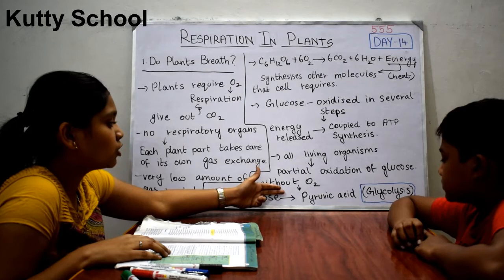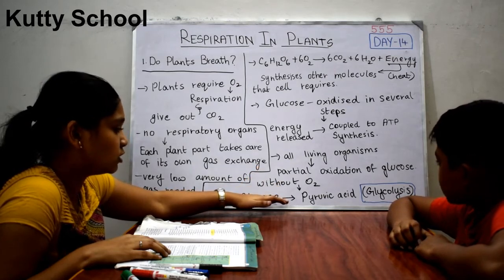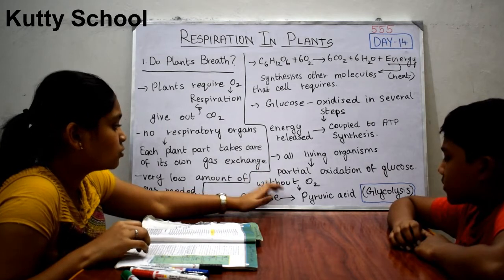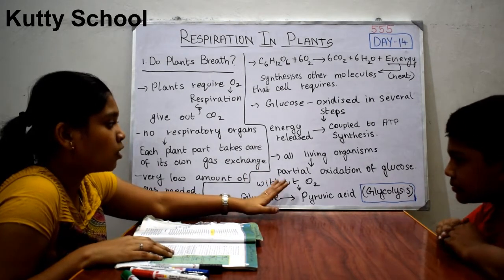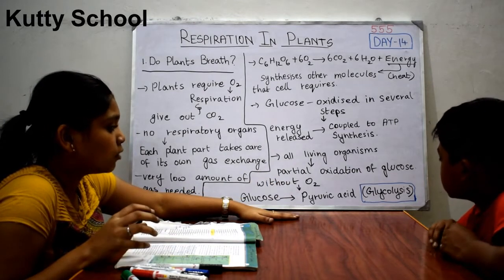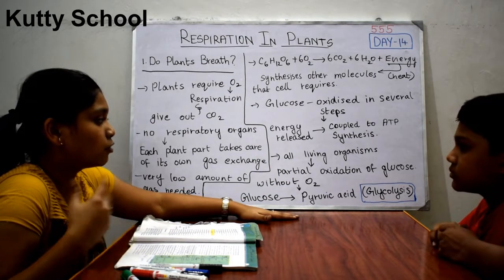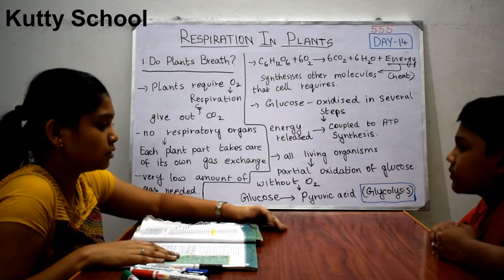This partial oxidation of glucose, from glucose to pyruvic acid, is known as glycolysis. All organisms undergo glycolysis. After glycolysis, the pathway separates into anaerobic and aerobic conditions. First we are going to discuss glycolysis in the next topic.